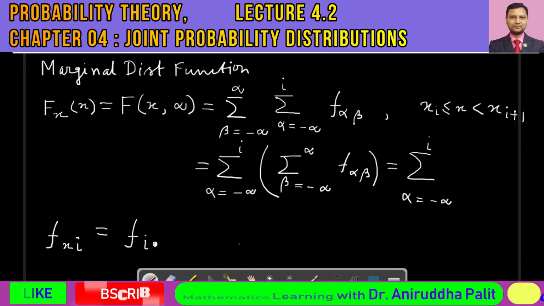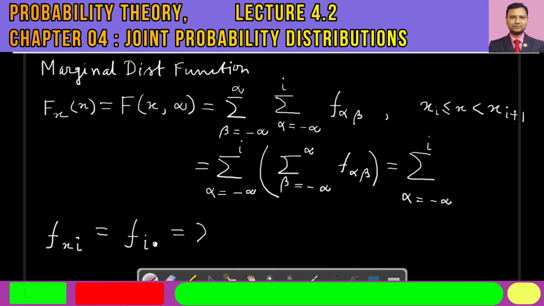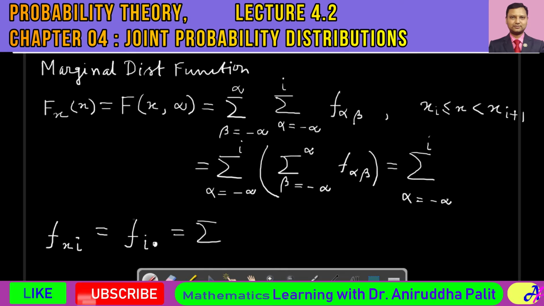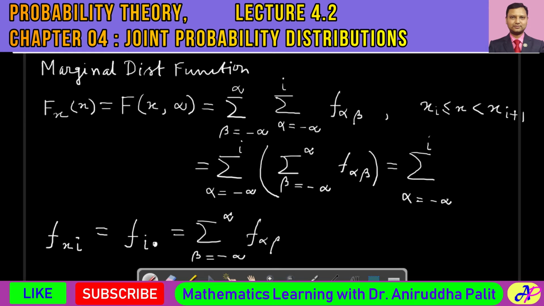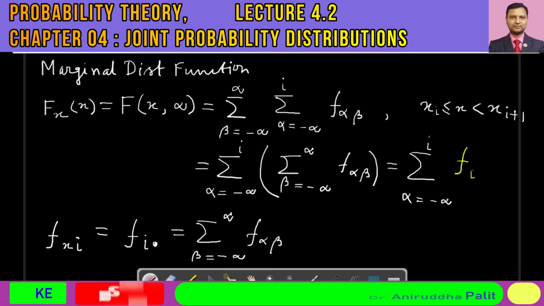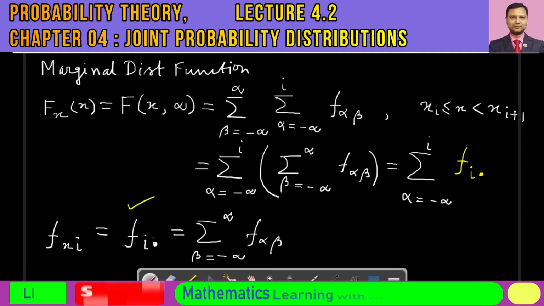In place of the second index j, we are putting a dot, and this is nothing but the summation within this bracket. So if we assume that this summation within the bracket is represented by either this notation or this notation, that is actually summation from beta equal to minus infinity to infinity f alpha beta, in that case this expression should be written like this: f i dot, and this f i dot is called the mass function of the marginal distribution.